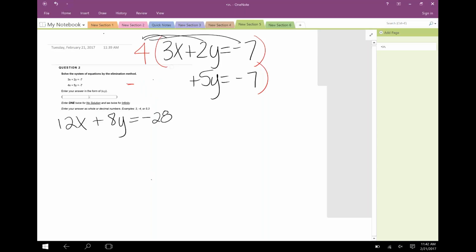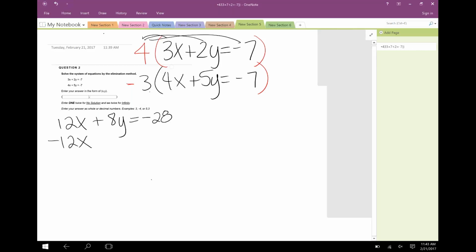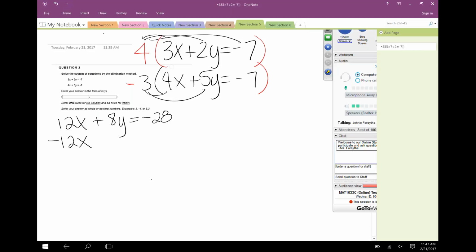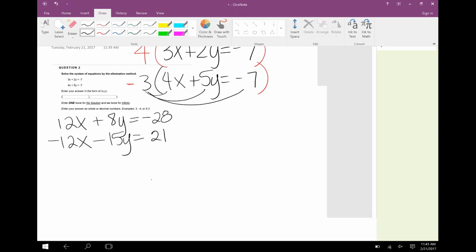Negative 3 times 4x is negative 12x. Negative 3 times 5y is negative 15y equals negative 3 times negative 7 is positive 21. Okay, so now I'm ready to add my equations, and let's see what happens.